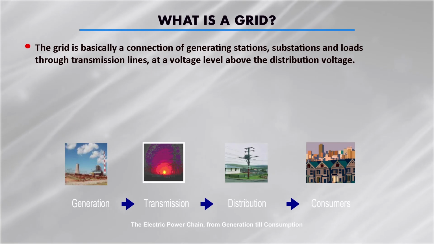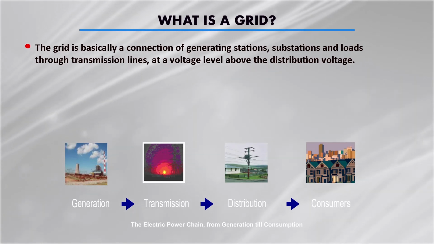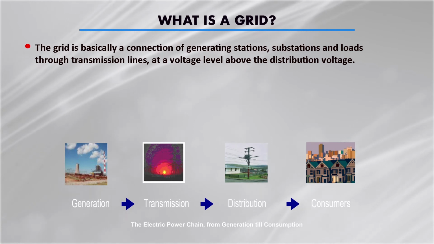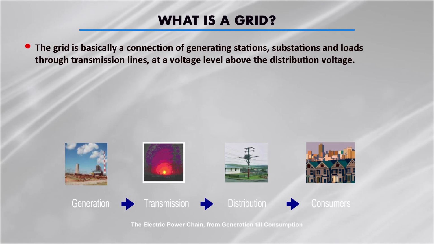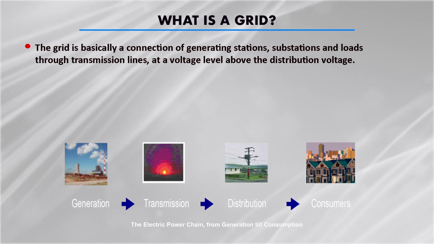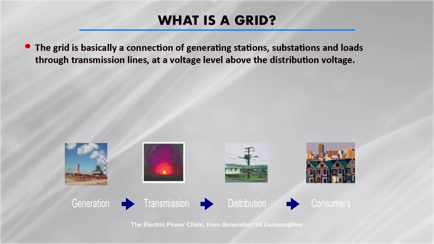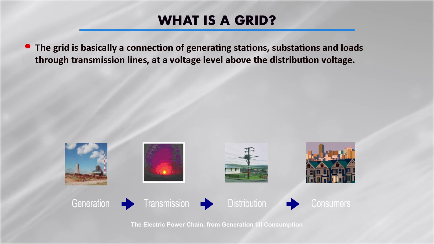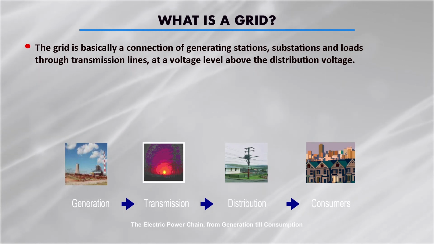This grid is basically the connection of generating stations, substations and loads through transmission lines at a voltage level above the distribution voltage level, that means 11 kilovolt or 33 kilovolts. Above this, generally the grid is formed. Distribution voltage, however, is not strictly defined, as I mentioned previously.